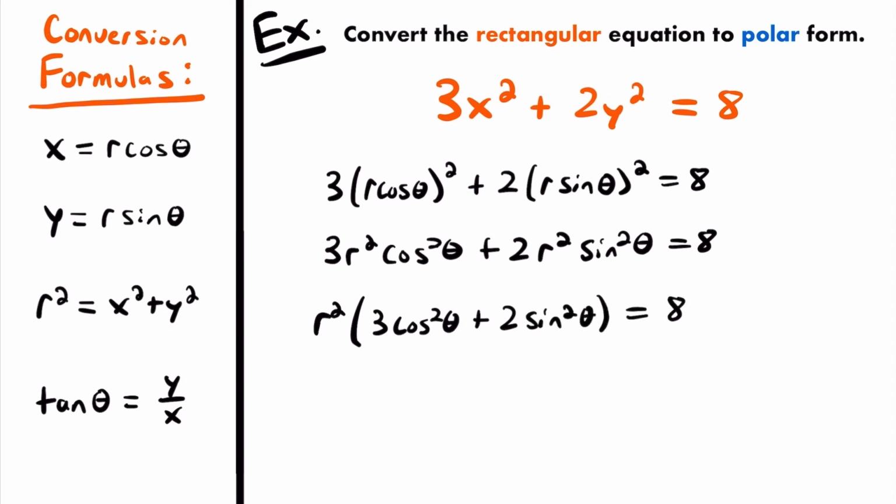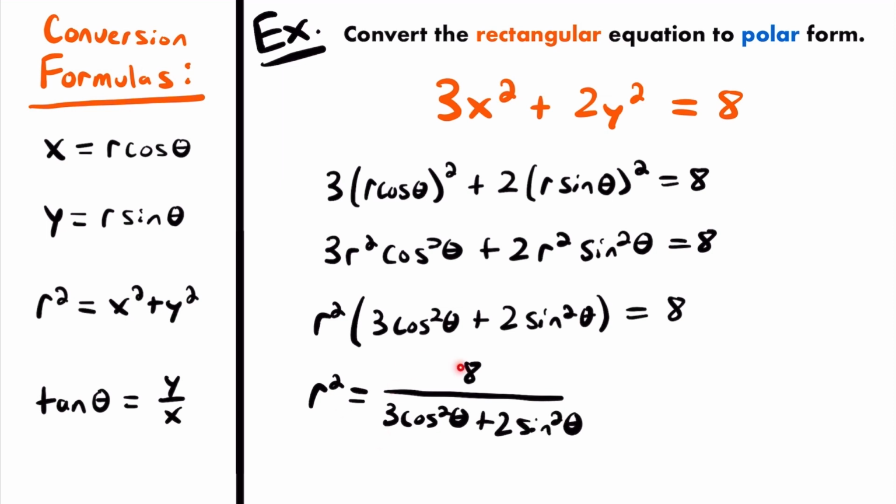And now what we can do is divide both sides of this equation by this big quantity to isolate r squared. And then we will be able to take the square root of both sides to solve for r. So if we do that, we'll have r squared is equal to 8 divided by 3 times cosine squared theta plus 2 times sine squared theta.